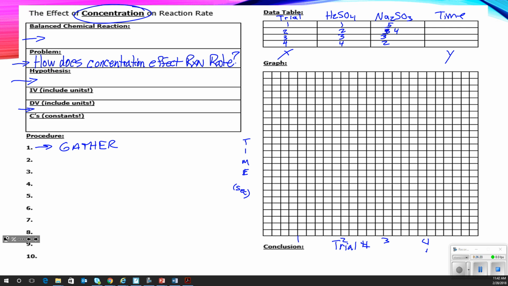On the well plates, what was the first step? We gathered the materials, but what would be the next step? You need to cut your magnesium ribbon into equal sections. Okay, so 4 equal sections.